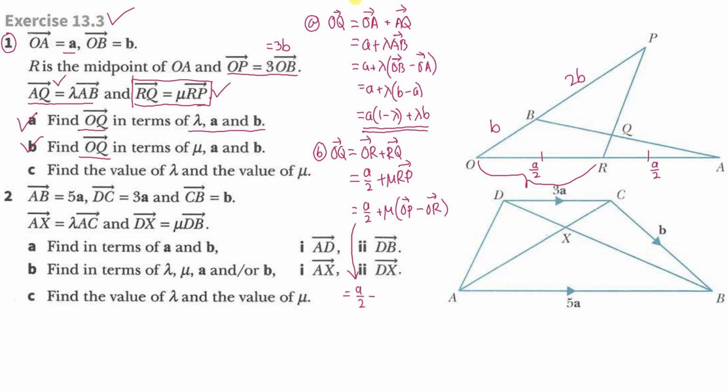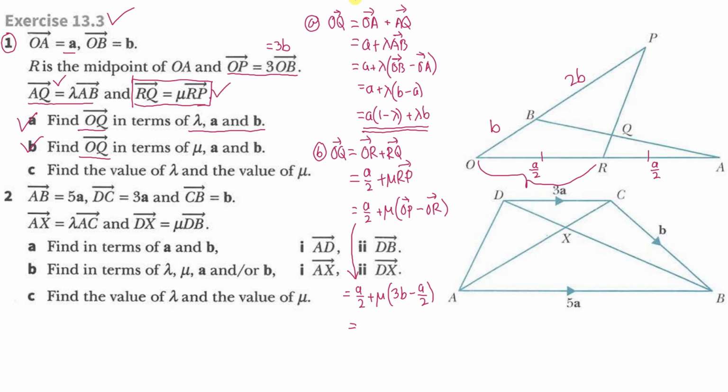A by 2 plus mu into, OP equals 3B minus OR, which is again A by 2.